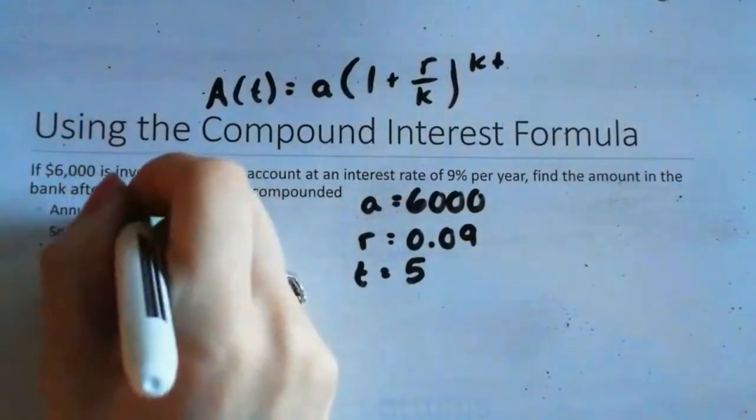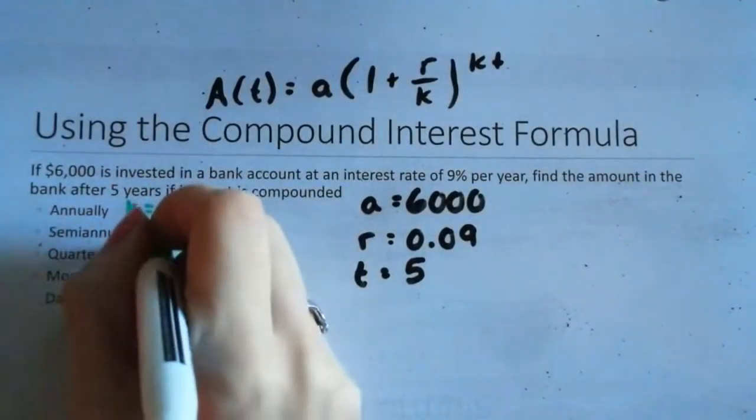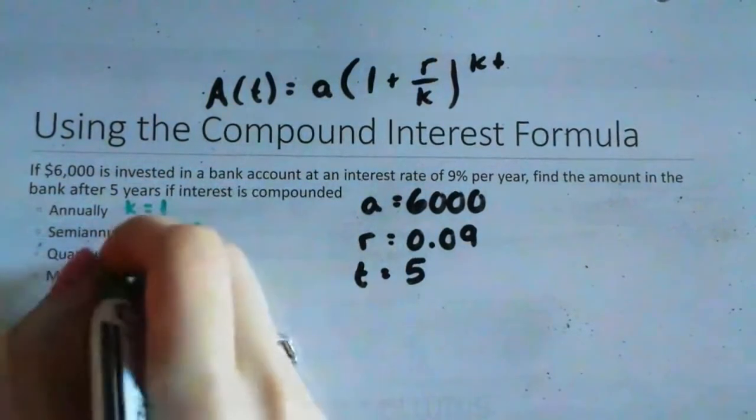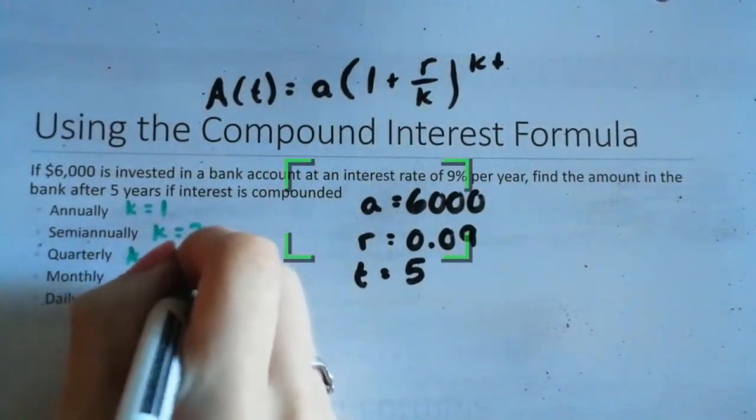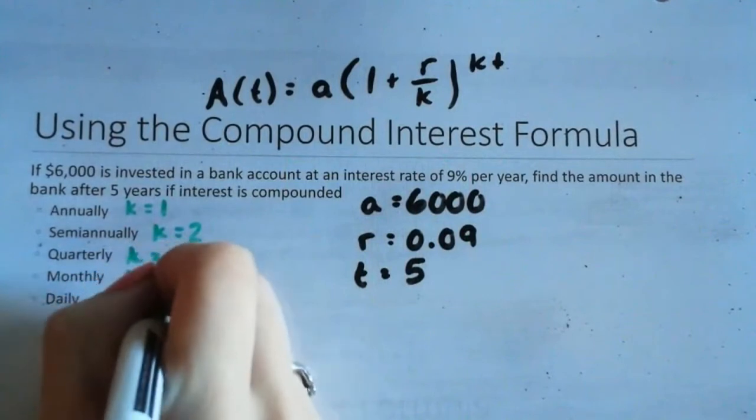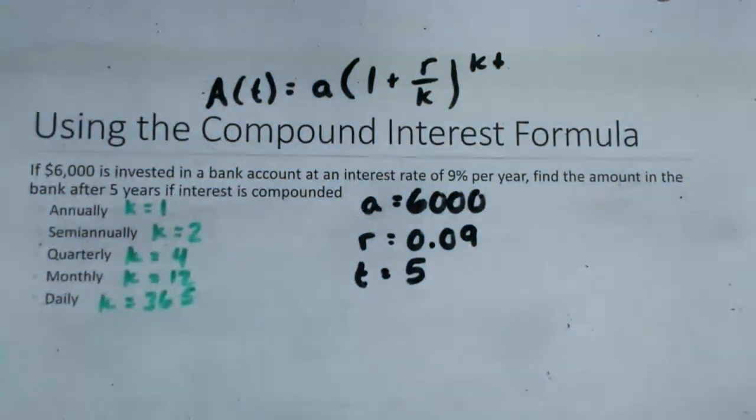So for annually, k equals 1. For semi-annually, k equals 2. For quarterly, k equals 4. Monthly, k equals 12. And daily, k equals 365.